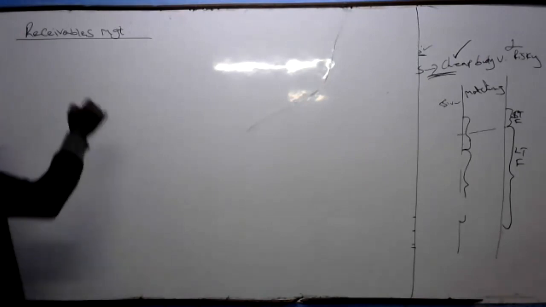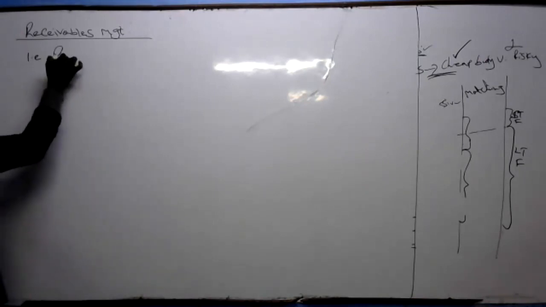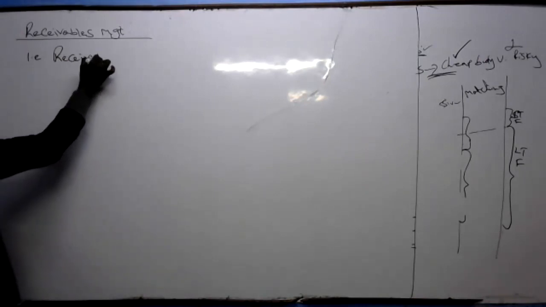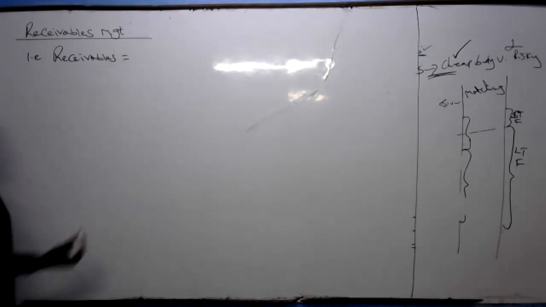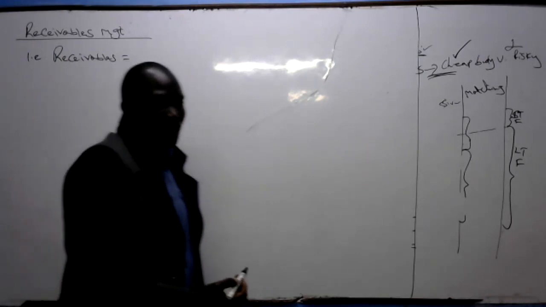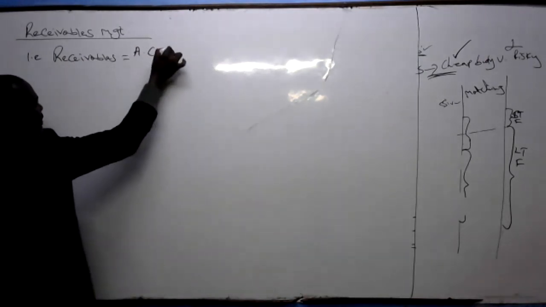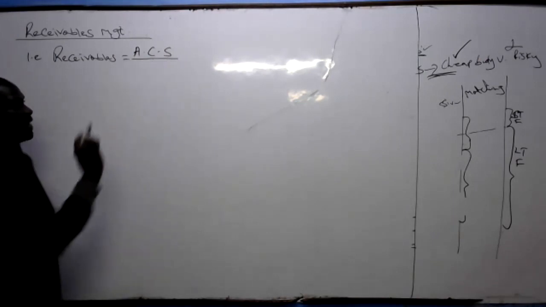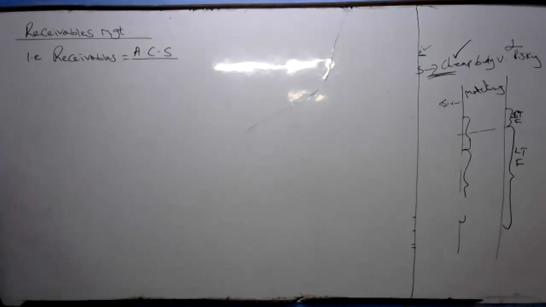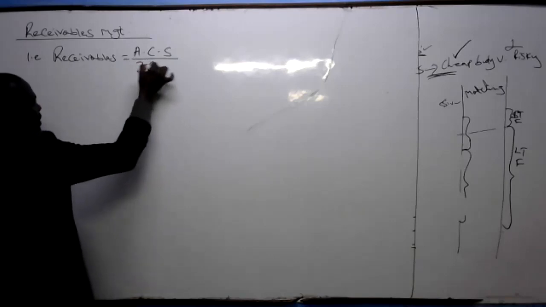I.e., receivables equals, kama unaweza kumbuka hiyo concept tulikuwa tuna apply kwenye swali ya kwanza, tulichukua the annual credit sales divided by the number of months in a year. So if the period is in days, we shall divide by 365.